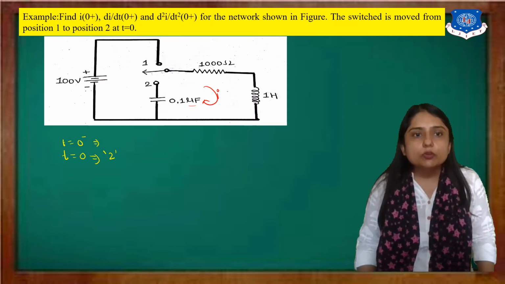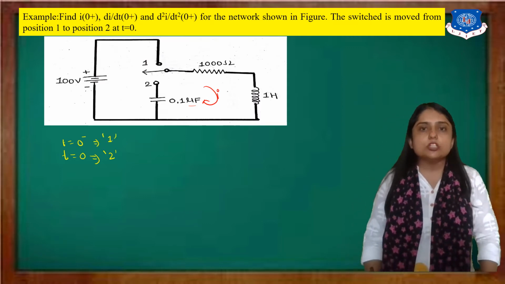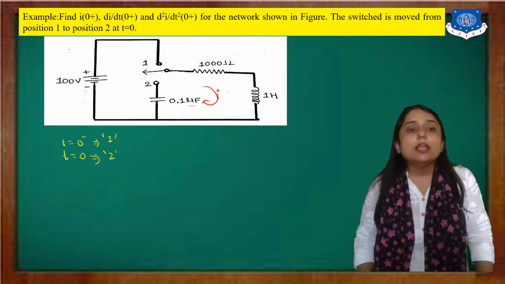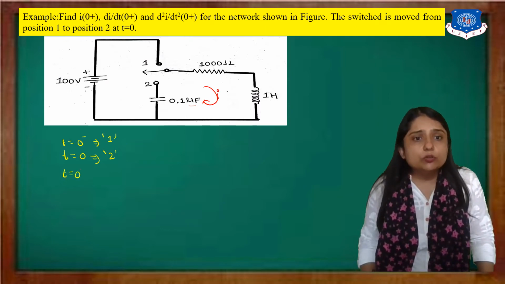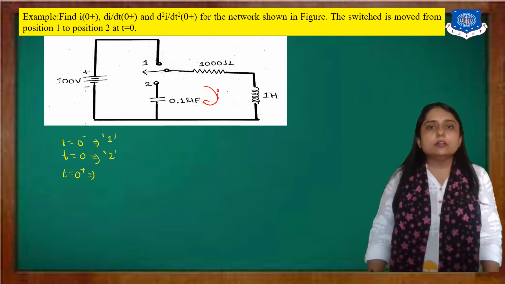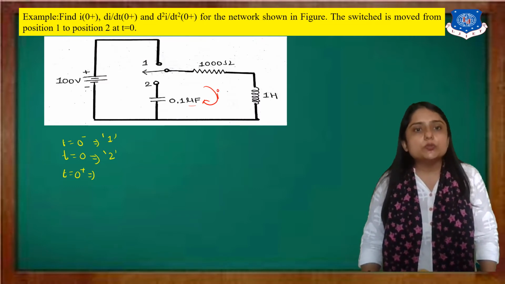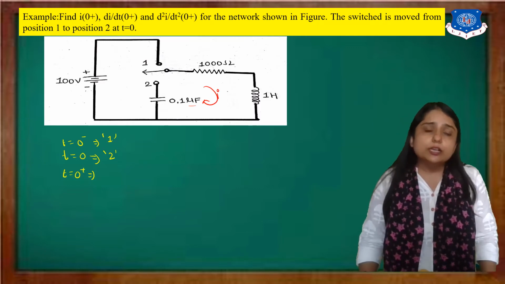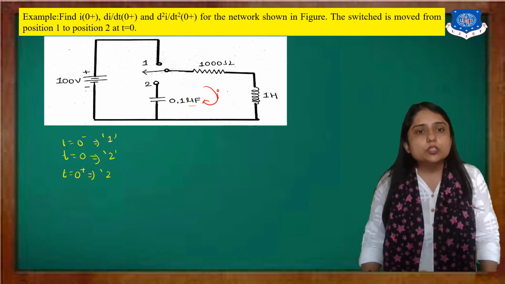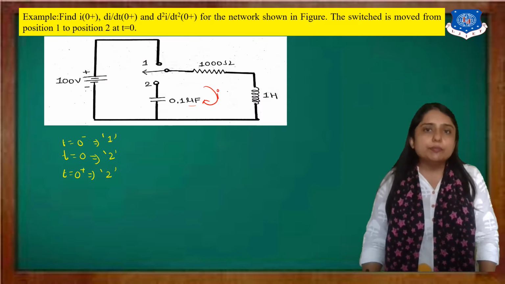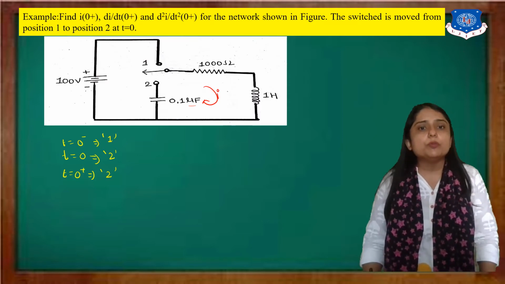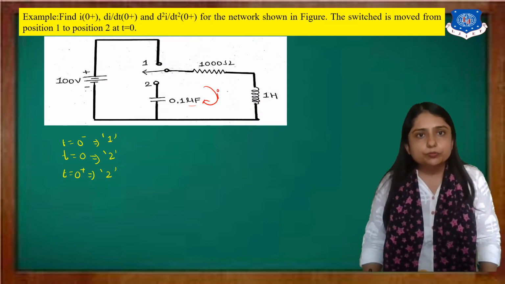And at t equal to 0, my switch is at position number 2. Then at t equal to 0 plus, the switch will remain at the same position, that is, position number 2.